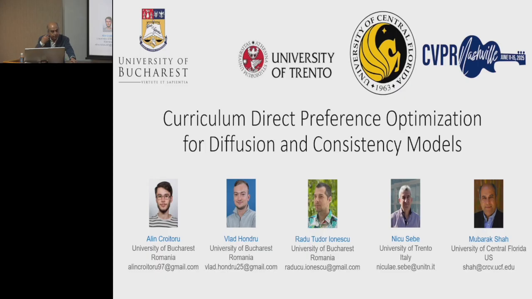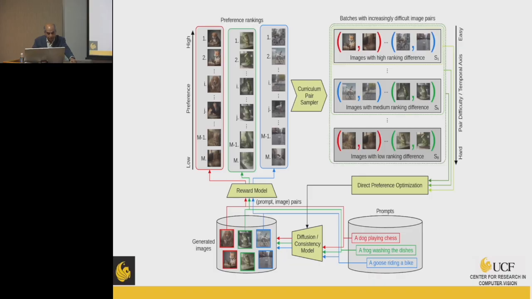Now we have this paper we'll present next month at CVPR. Of course, the standard diffusion model can be improved further. This uses what is called DPO and curriculum learning. You take these prompts and generate images, but they are not that realistic compared to what the prompt was.